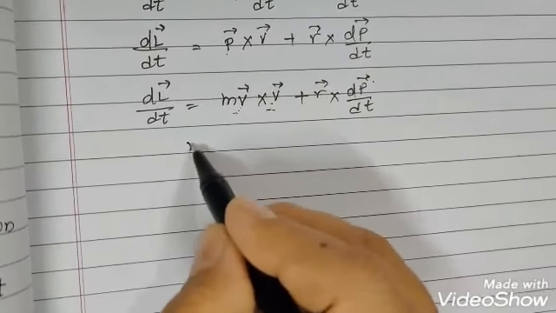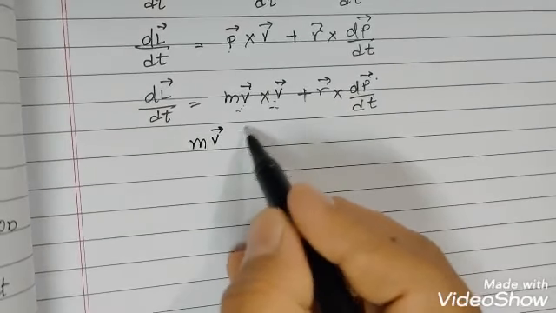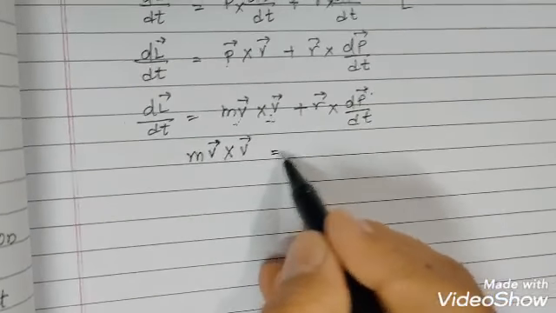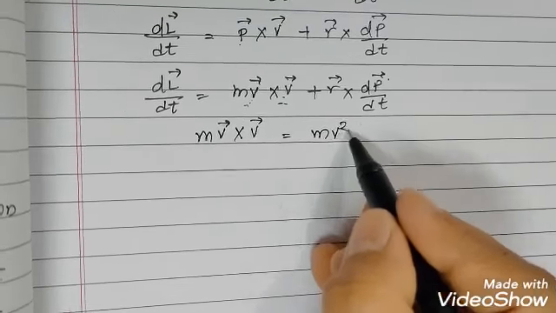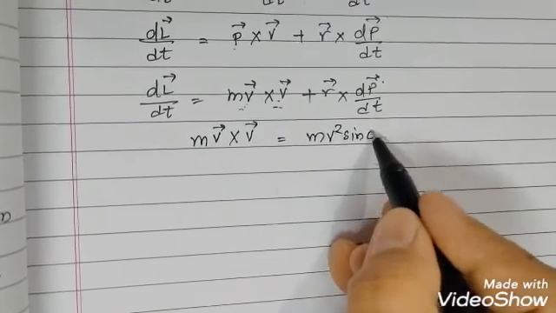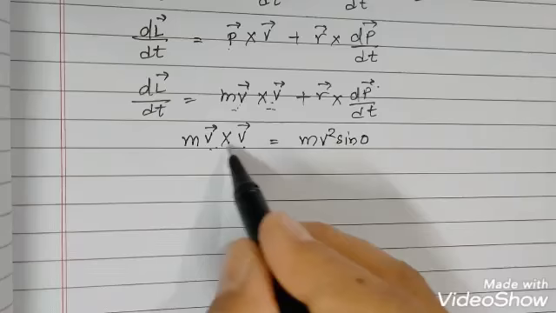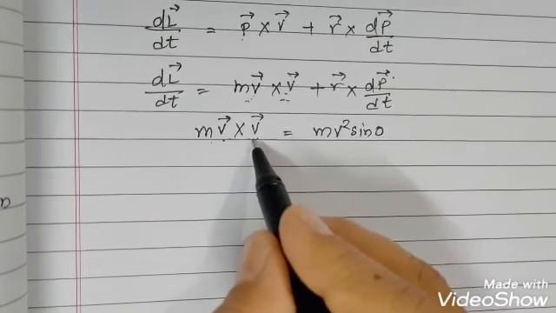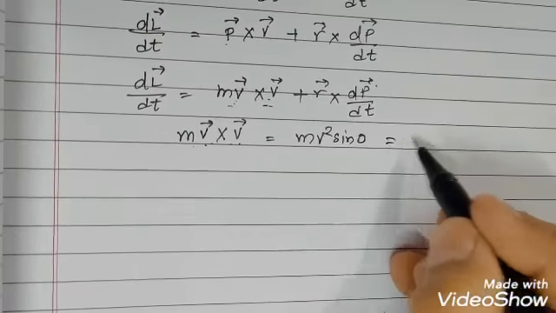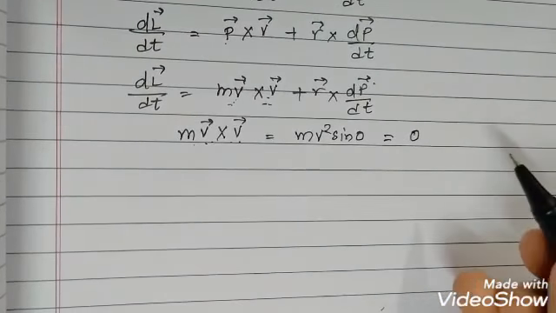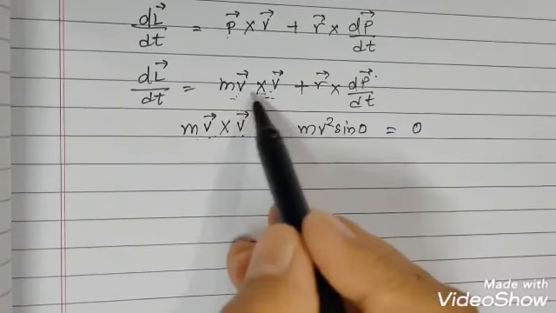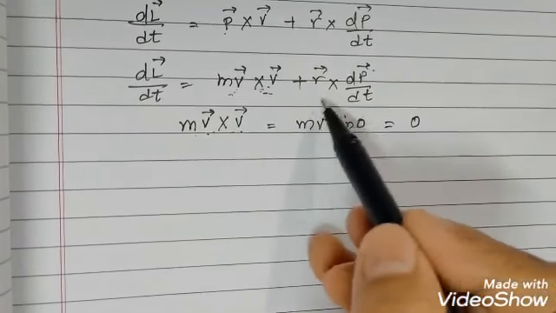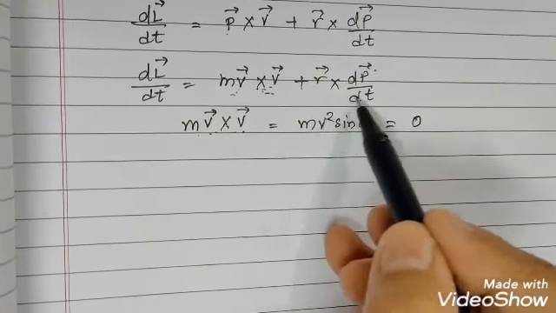This is mv cross v, which can be written as mv squared sine 0, because both velocities have 0 degrees between each other, and ultimately it will be 0. So the first term of this equation becomes 0, and only the second term remains.